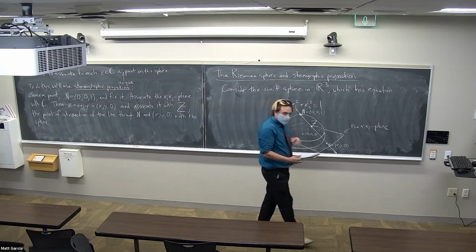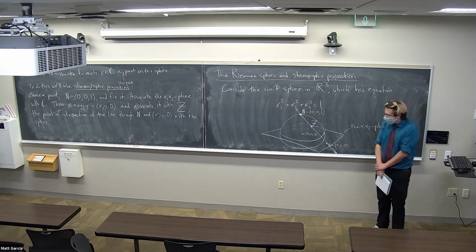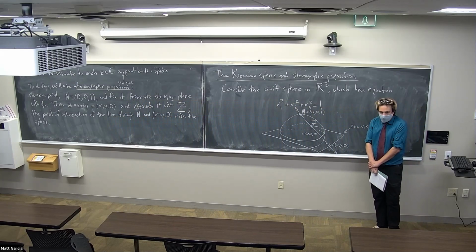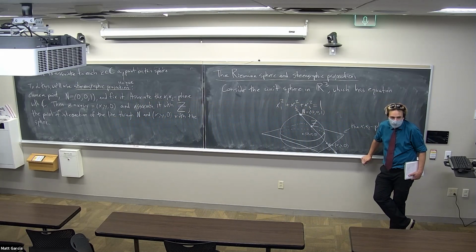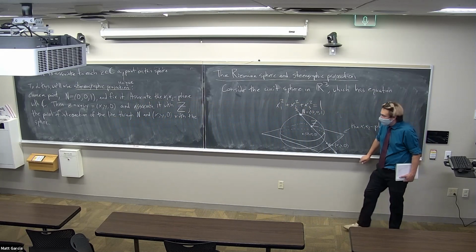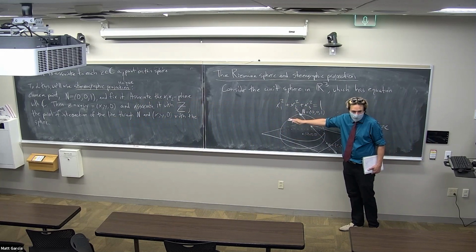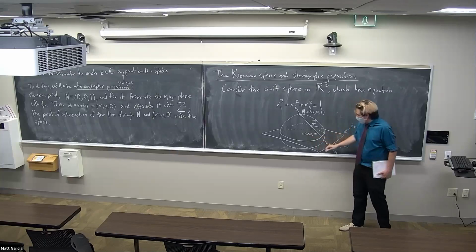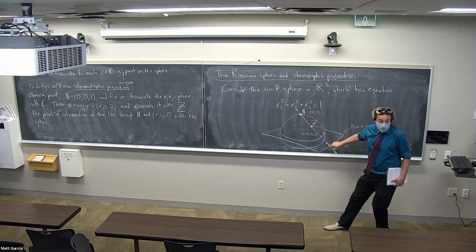Does that mean that the points on the x1, x2 plane inside the sphere define all the points on the part of the sphere below that plane, and then every point outside of it, like infinitely, is the top half of the sphere? Yeah, exactly. Good observation. So the northern hemisphere, the half of the sphere above this plane that I used to cut, corresponds to all the complex numbers which have modulus greater than 1.